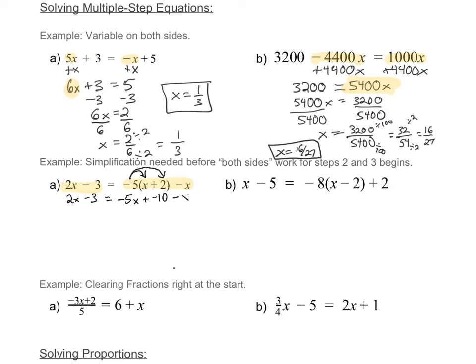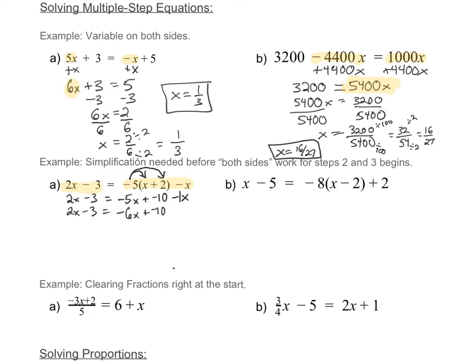And then I just have to make sure I keep that minus x around. I can continue to tidy up the right-hand side by combining the like terms that are both x terms. So I have -5x, and then minus x is like -1x. -5 minus 1 is -6. So we get -6x plus -10.